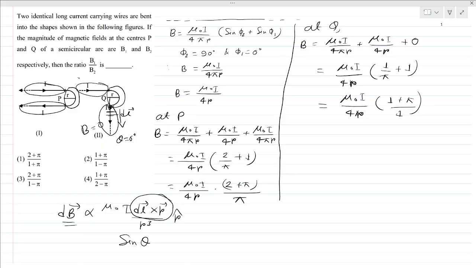So according to the question, if we want to put the values of B1 and B2 into the ratio B1 by B2, then mu 0 I by 4r will cancel out, and only 2 plus pi and 1 plus pi will remain. So according to this, option number 1 is right, that is 2 plus pi by 1 plus pi. Thank you.